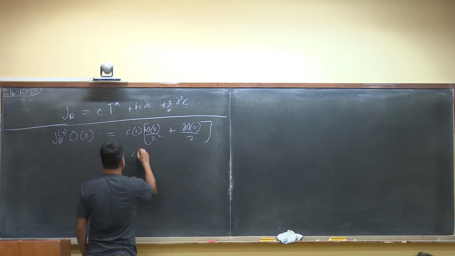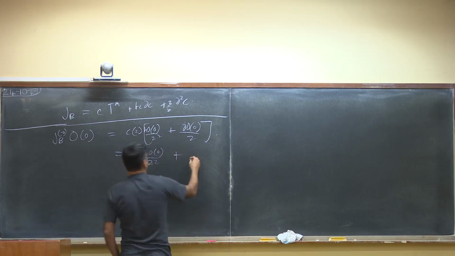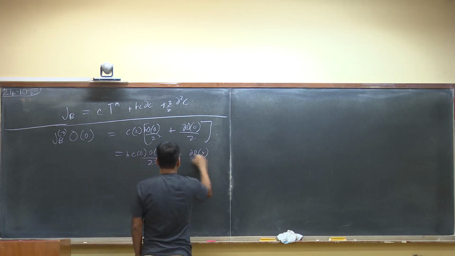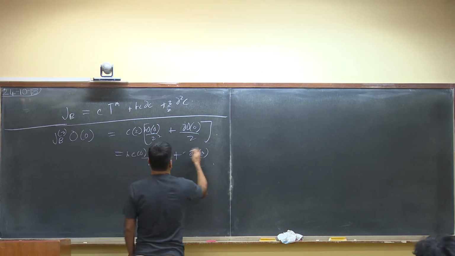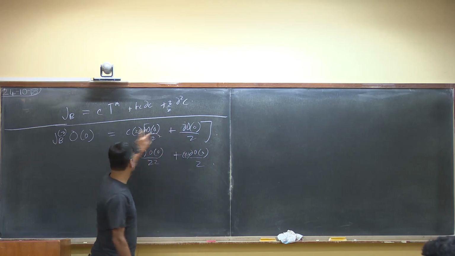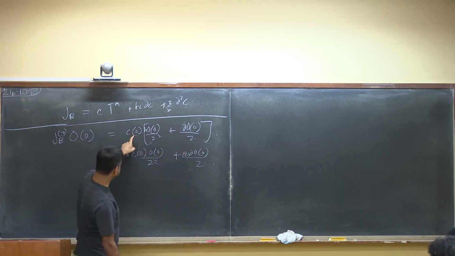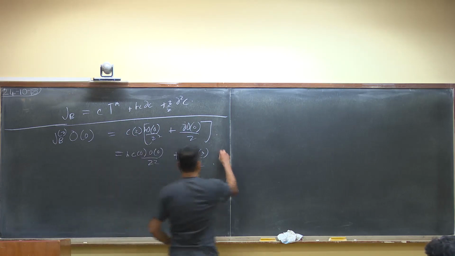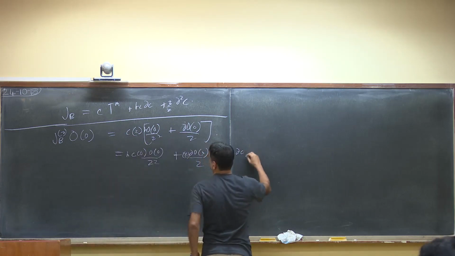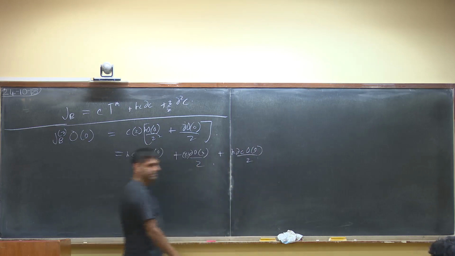So this will be c(0) h O(0)/z² plus ∂O(0)/z with c(0). Here we don't need to expand, because it's already just 1/z. But in this term we need to expand. So we also get plus ∂c, h ∂c O(0) divided by z.